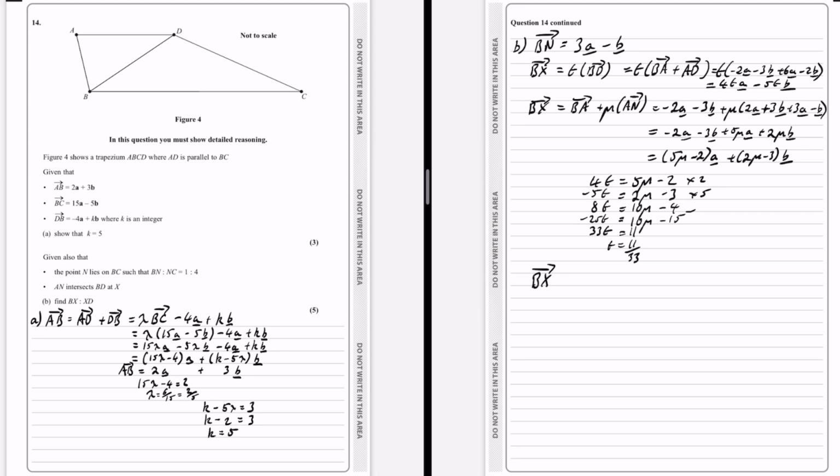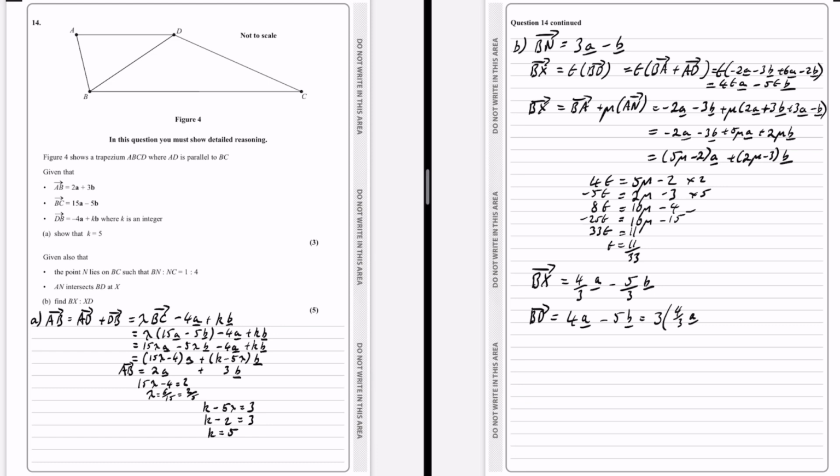Okay, so now we know that t is a third. BX, which is 4t lots of little a minus 5t lots of little b, substituting in t to be a third, is 4/3 of little a minus 5/3 of little b. We know that BD is 4a minus 5b. I'm going to factorize out 3 from that.